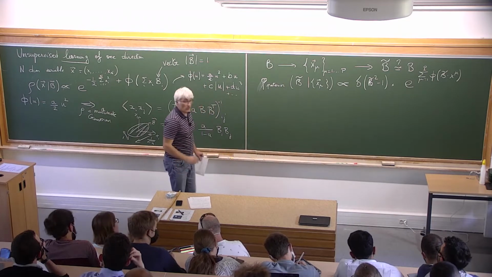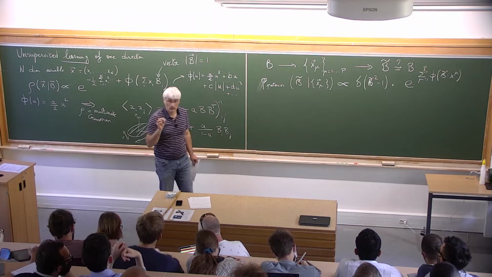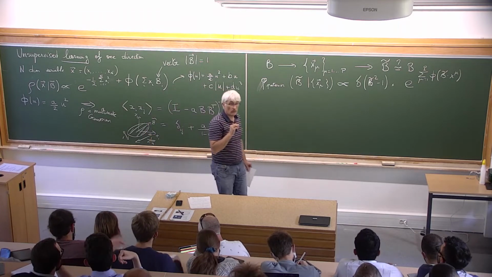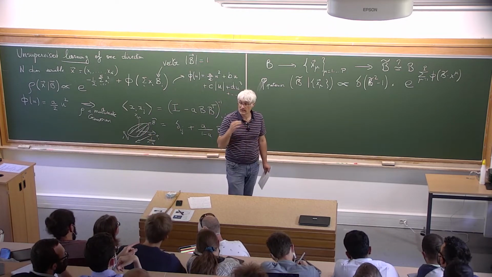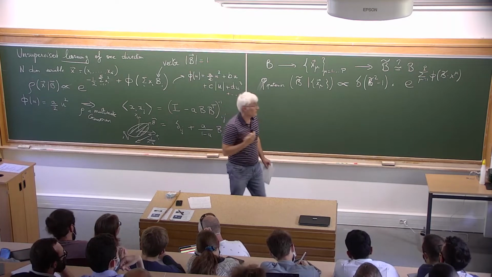Okay, so now if I go back to the specific case of quadratic phi, you see that we end up with a model which is very close to the spherical spin glass we have been studying in the last 2 lectures. It's actually one specific case of it, right?